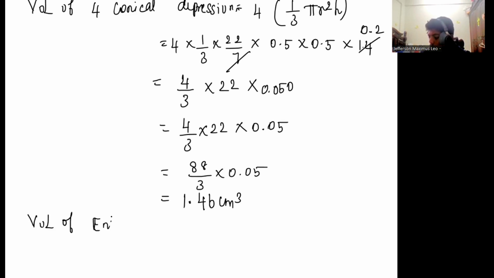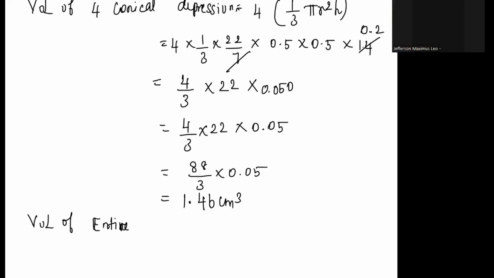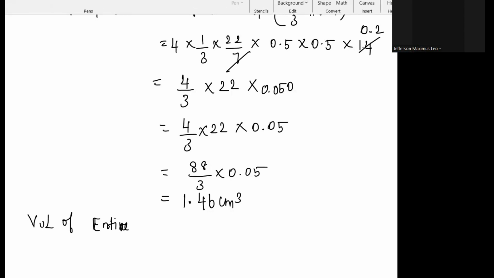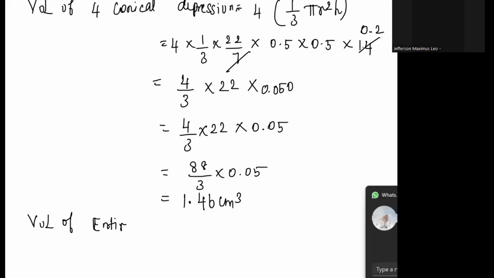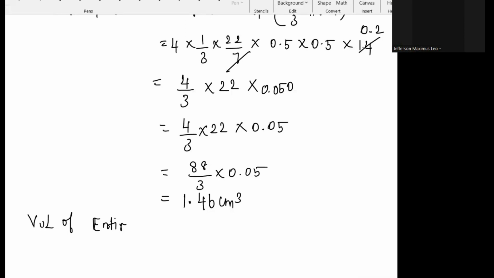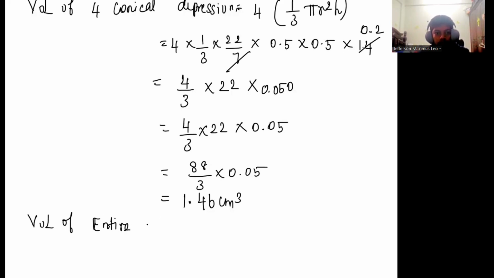Now the volume of the entire stand. That's the previous volume minus that one. That is 525 minus 1.46.